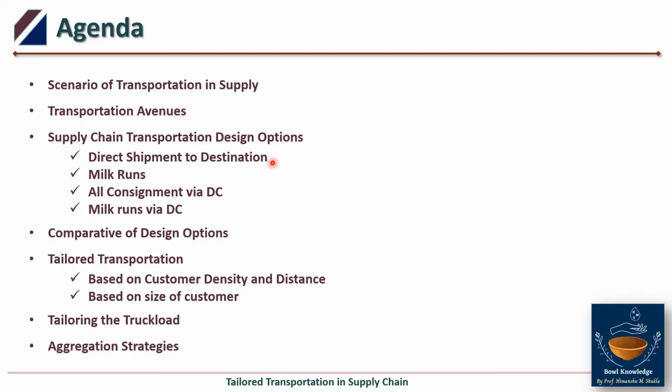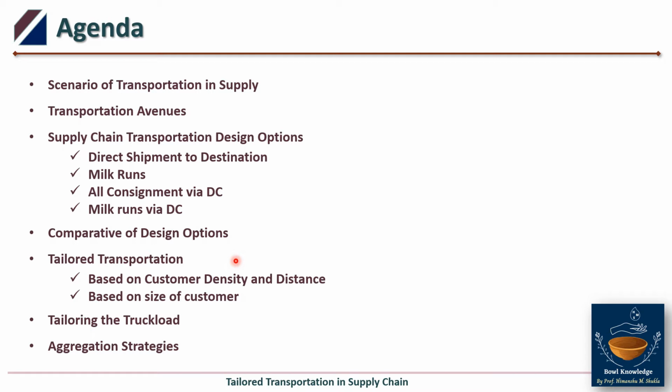So the agenda for today's lecture is, first we'll see the scenario of transportation in supply chain, then what are the transportation avenues available, then while designing the transportation for our supply chain, what are the design options available, then a comparison of those design options, then we will come to our today's topic, that is tailored transportation.